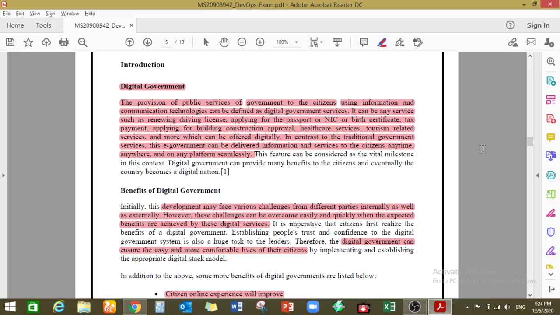Digital government can be described as delivering the public services of the government to the citizen using ICT. It can be defined as digital government services.